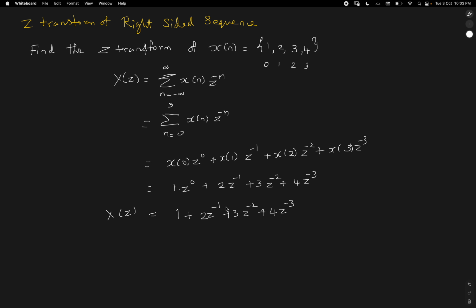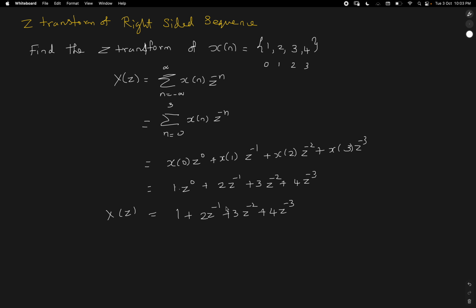Here the important part of the z transform is we have to define the region of convergence, shortly called ROC. Here ROC is nothing but the values of z for which X of z converges, that is X of z taking a finite value only for particular z values.